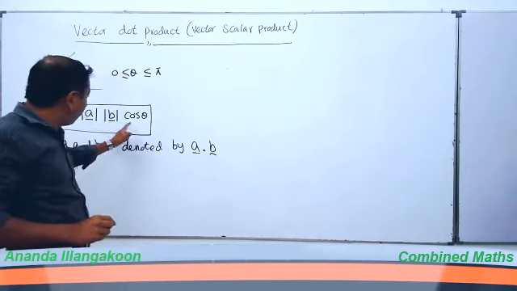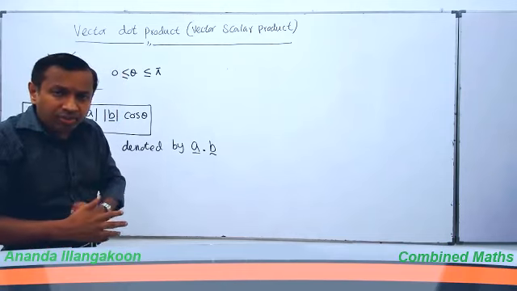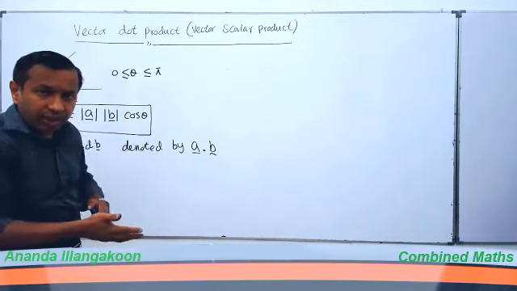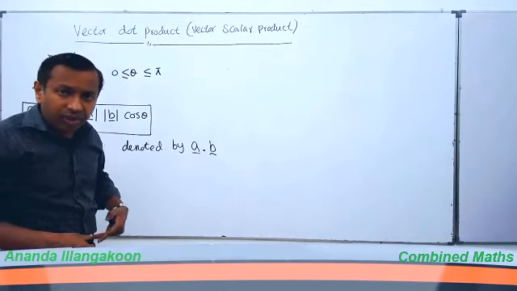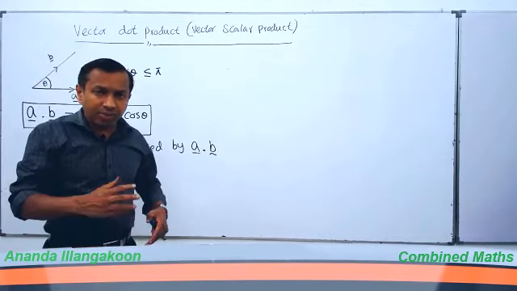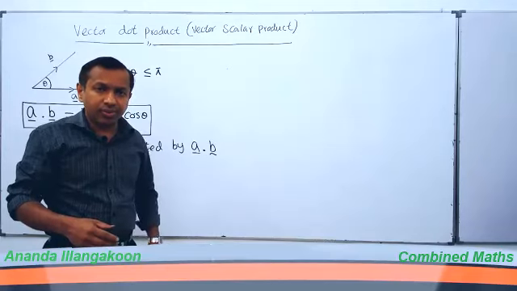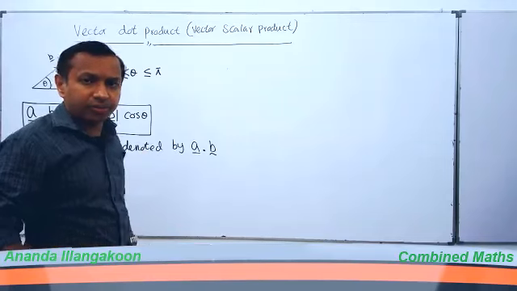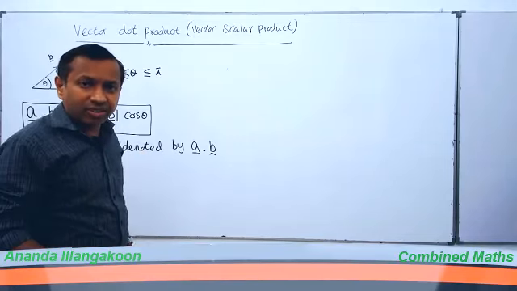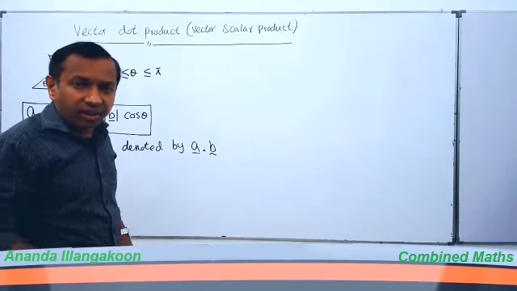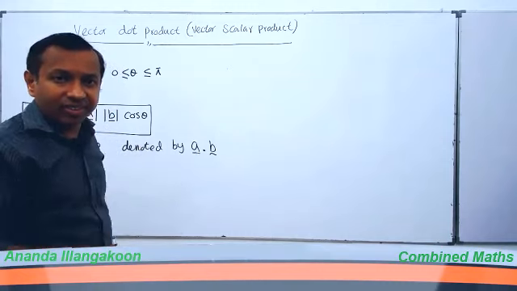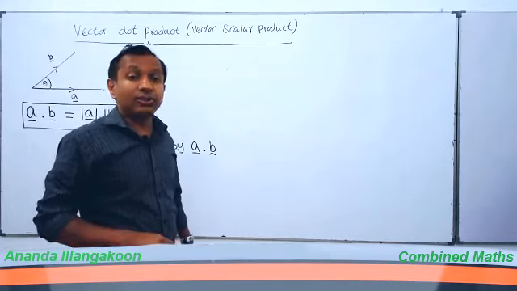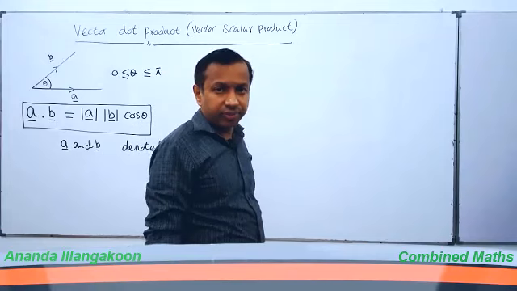Here we have the usual multiplication on the right hand side among 3 real numbers, among 3 scalars. When you multiply 3 real numbers, the final answer is another real number, that means a scalar. That means finally the answer of this A dot B is a scalar. That is why this is known as the scalar product.